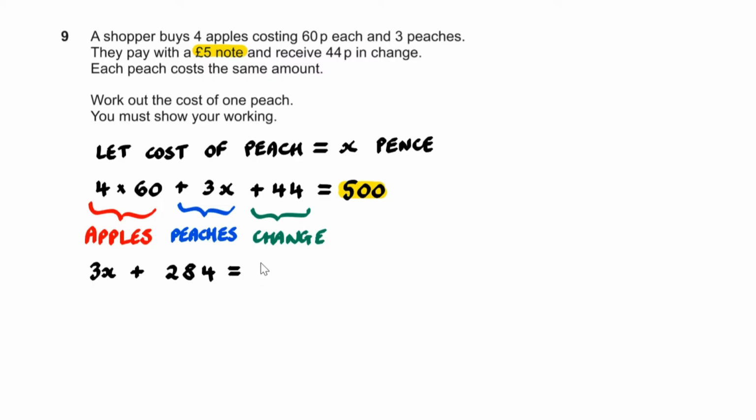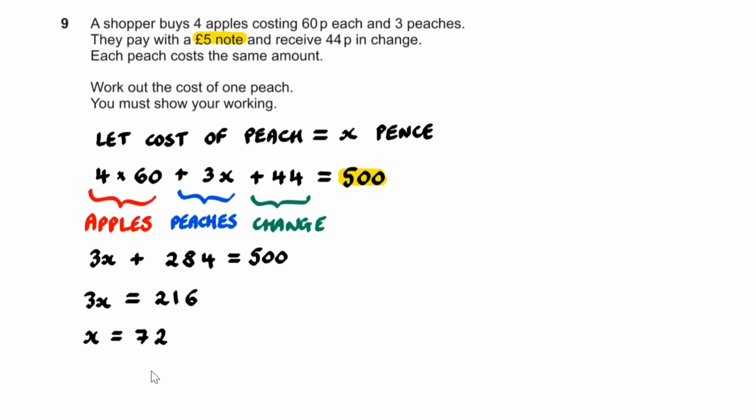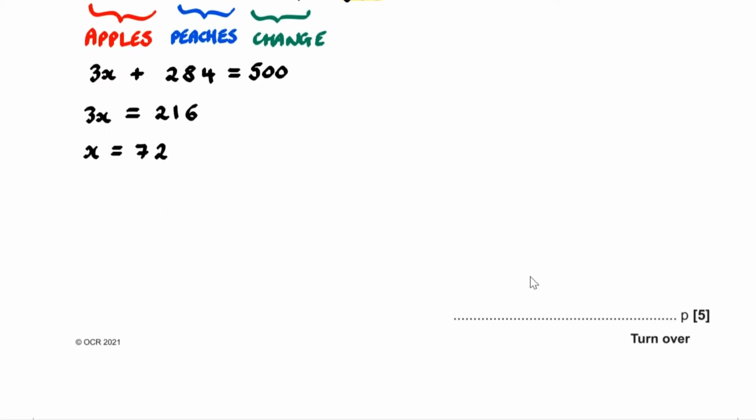This is all equal to 500. So 3x is equal to 216, and if I divide through by 3, you can see x is equal to 72. So we have 72 pence.